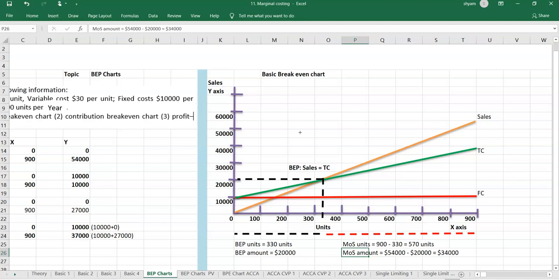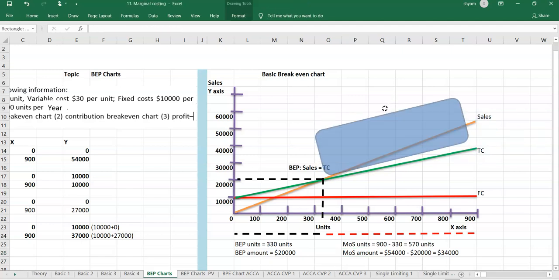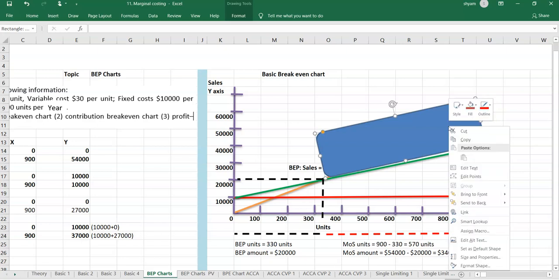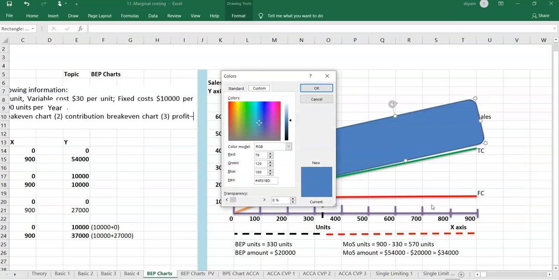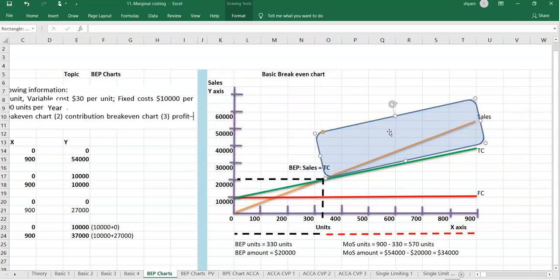So we can say that this entire region is the profitable region. Okay, so this is the profit region.